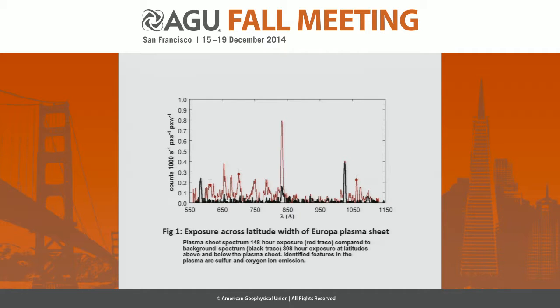And the background here is at the ends of the slit. And you've got atomic hydrogen and helium. There's some residual oxygen ion emission there. So you see that there is no change in intensity from on and off the plasma, so we have no detection of hydrogen here.